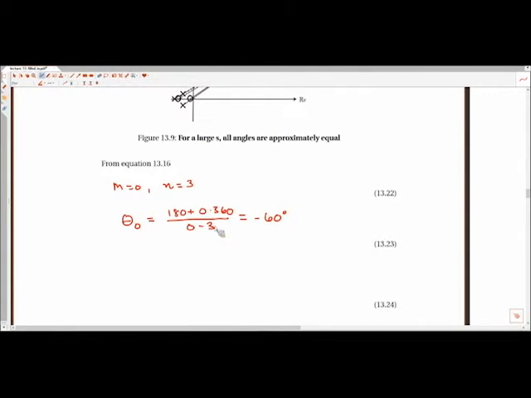Theta 1 is 180 plus 1 times 360 over 0 minus 3. This is equal to 540 over negative 3, which is equal to negative 180 degrees.